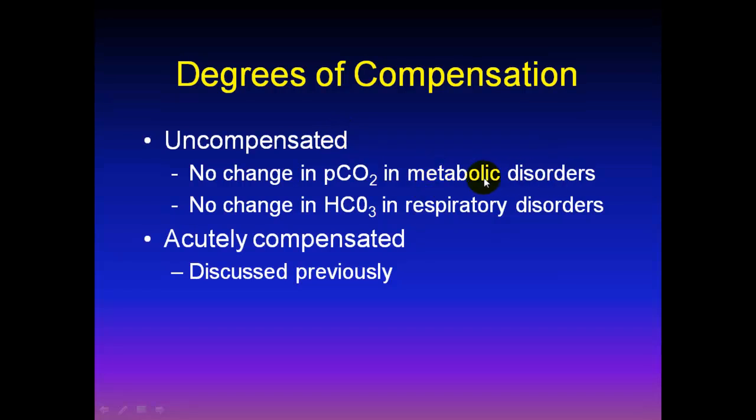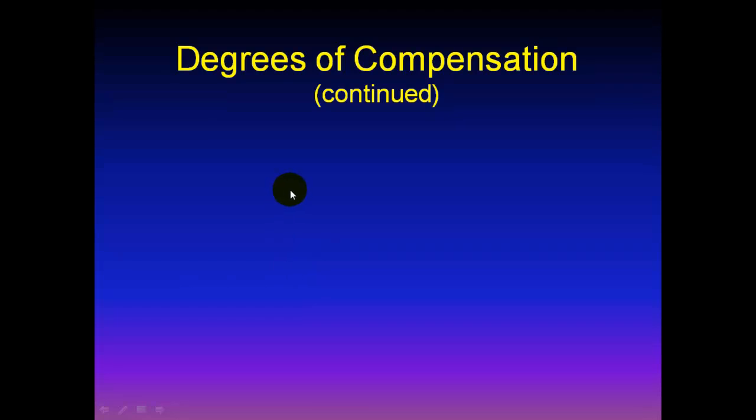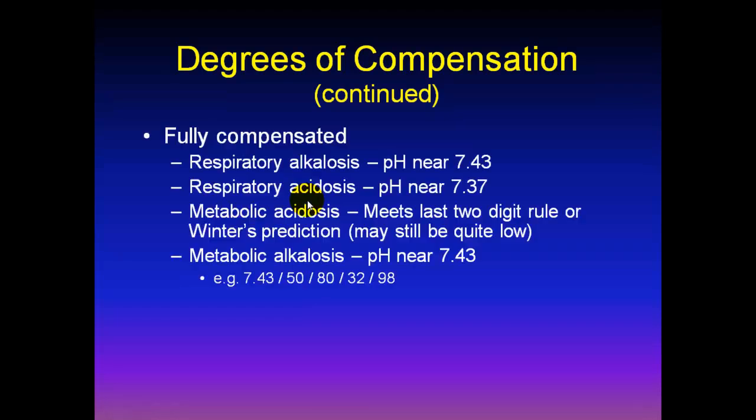In a metabolic disorder, either metabolic alkalosis or metabolic acidosis, if the PCO2 has not changed, that would be uncompensated. And in a respiratory disorder like acute hypercapnia or acute hypocapnia, if the bicarb is still 24, then that's uncompensated.